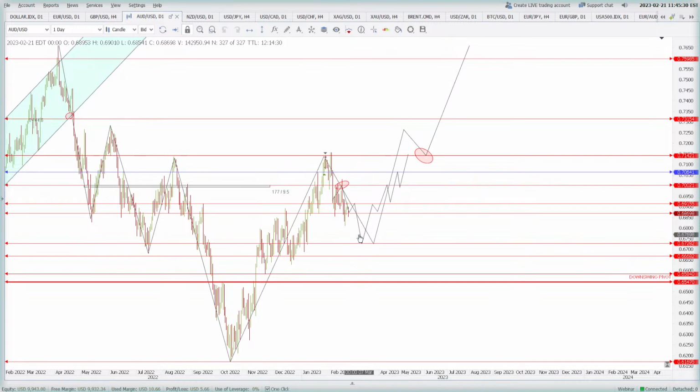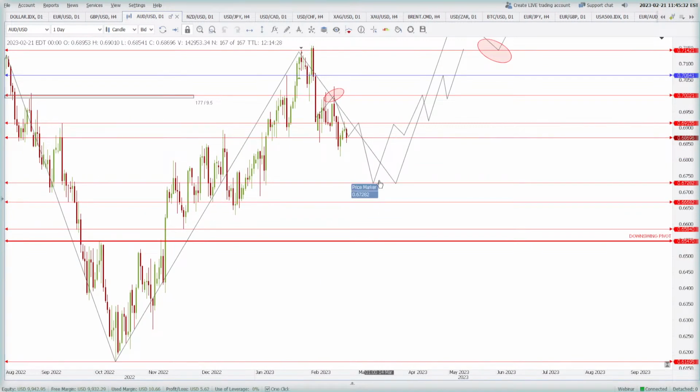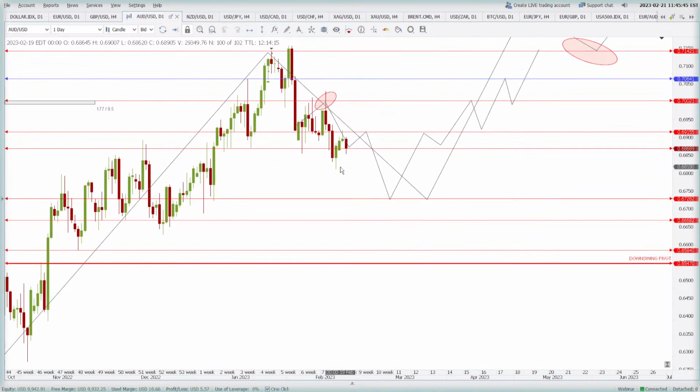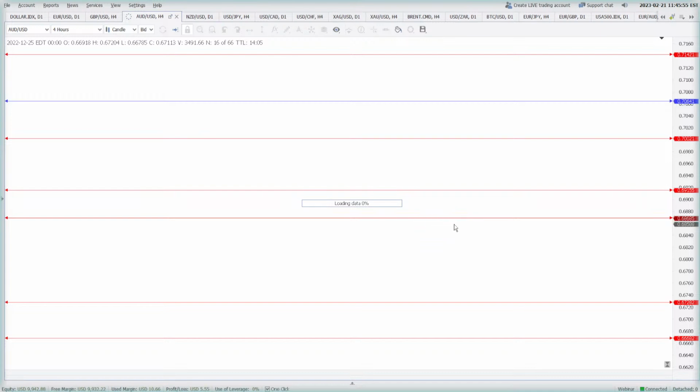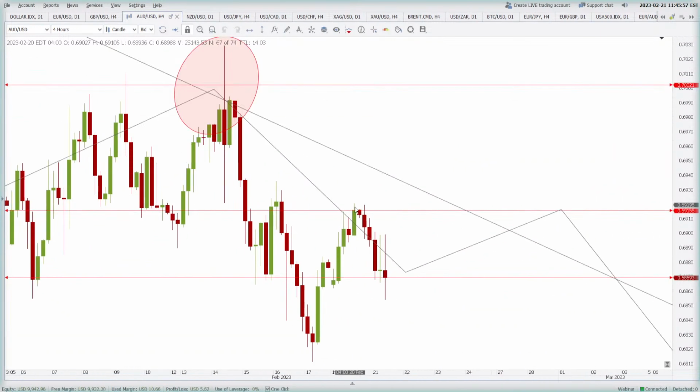Now this is just a speculation that the buyers will come here. There has to be some change for the market to turn positive in the Australian dollar, but the 0.6728 area is where I'm expecting the buyers to enter. Now, the price right now is trading on the support of 0.6868, and on the 4 hour it looks like this was a bearish engulfing.